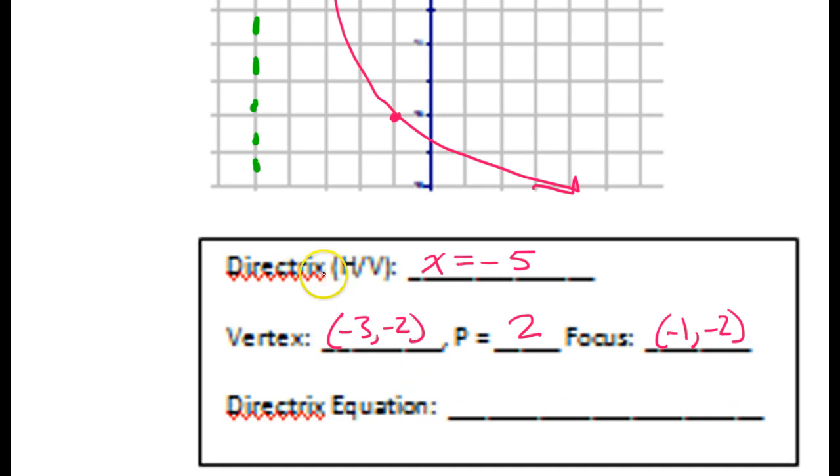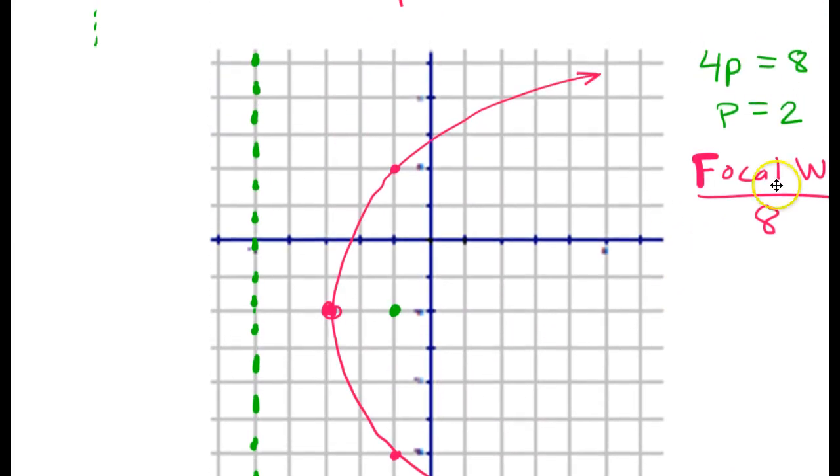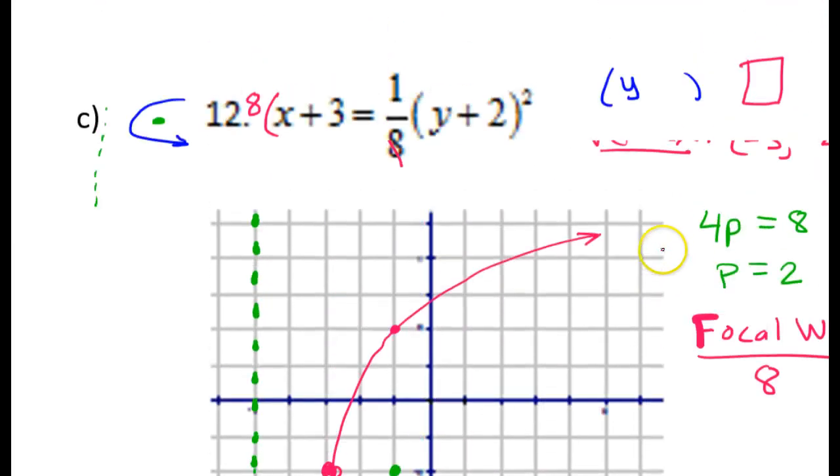Oh, all right. They want the directrix equation down here. I now see. Up here, I was just supposed to say whether or not the directrix was horizontal or vertical, and it is vertical. Okay, so that's all they asked me for on this problem. But be prepared to say the focal width as well.